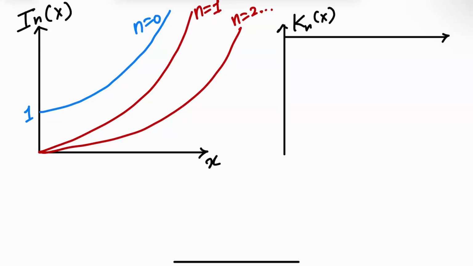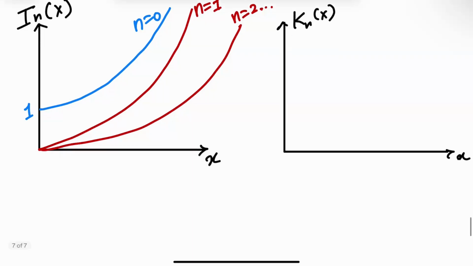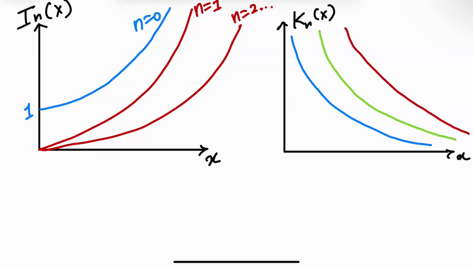And these look like decaying exponentials. And they all asymptotically decay. So n equal to 2, n equal to 0, n equal to 1.